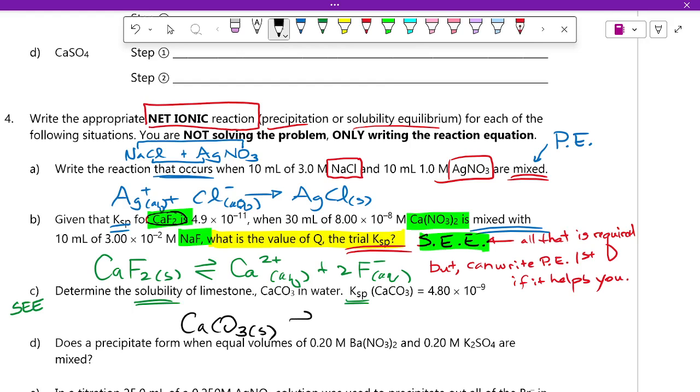Equilibrium arrow. Ca2 plus, aqueous plus Ca, whoops. Oopsie, what am I doing? I'm writing it wrong. Sorry? Yeah, that's great. I'll sort them out later.